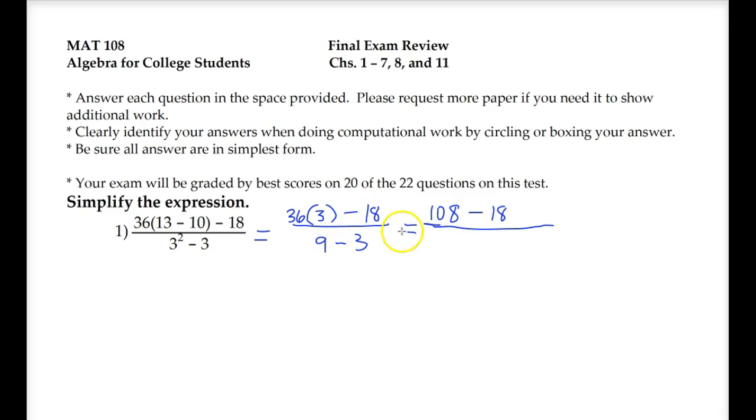And of course, 9 minus 3 is 6. And going from there, if we take 108 and subtract 18, we should get 90. Divide by 6, and of course 90 divided by 6 would end up being 15. And so that is our first answer. So let's move on to question number 2.